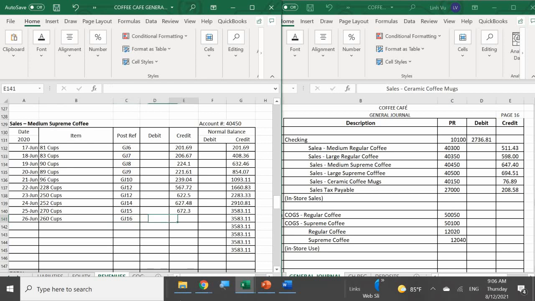Journal 16. We are on 16, right? And then it's 647.40. 4,730.51. Yes.